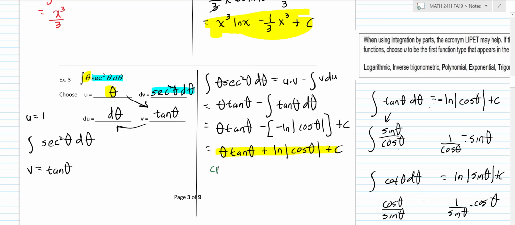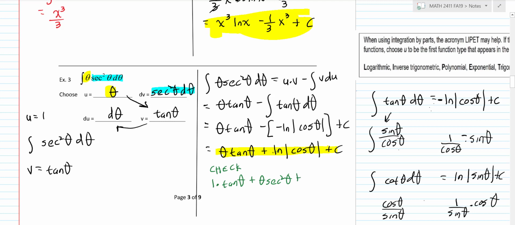Okay, if you wanted to do a quick check on this, you'd have to work with this a little bit. This would end up being a product rule, so I'm going to show you how this would work. You would have the derivative of the first is 1 times the second, and then write down the first, and then the derivative of the tangent is secant squared theta.